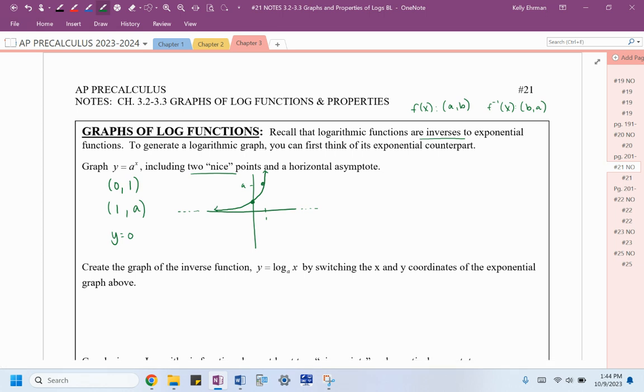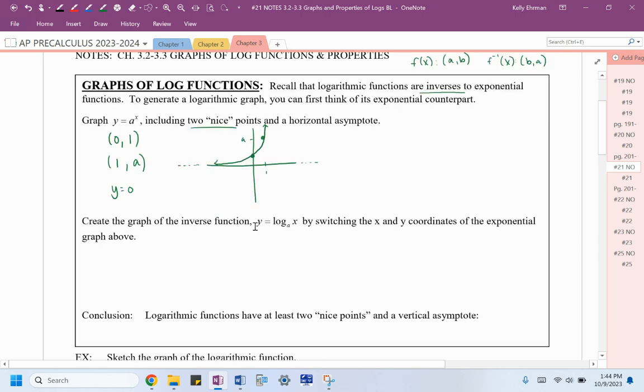Okay, so to graph the inverse function, if I want to graph log base a of x, I can switch my x and y coordinates from above. So I should be able to say this graph has the points 1, 0, and has the point a, 1, just flipped those.